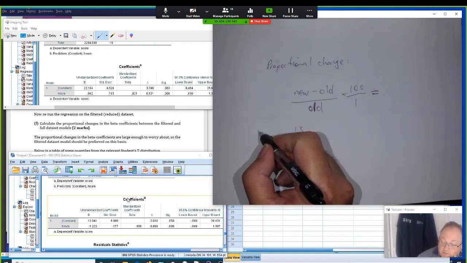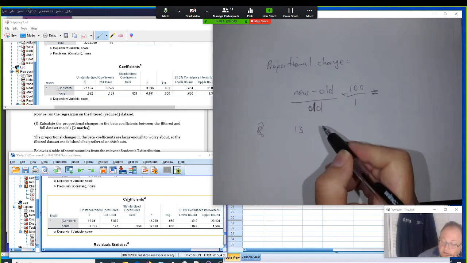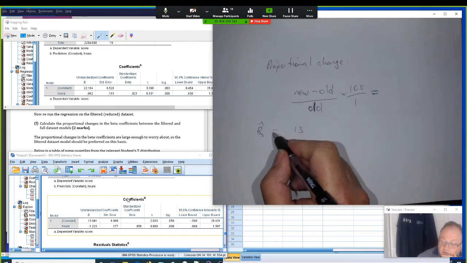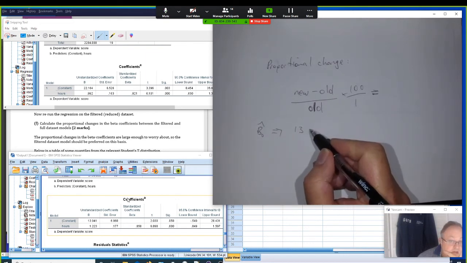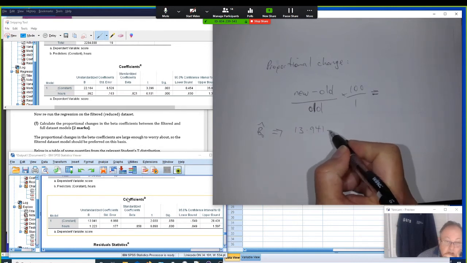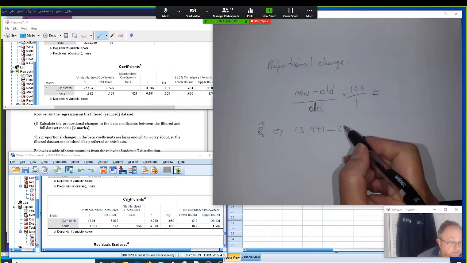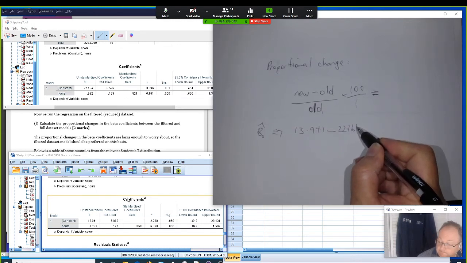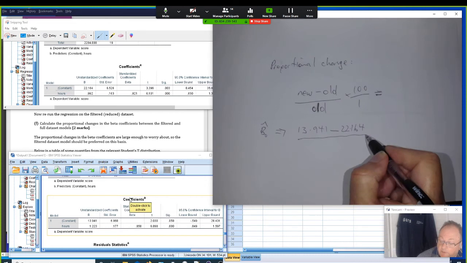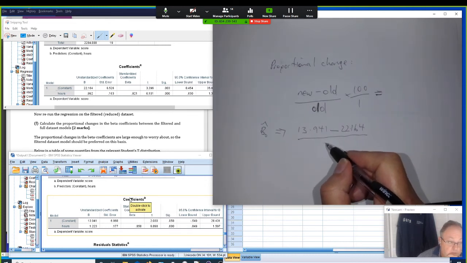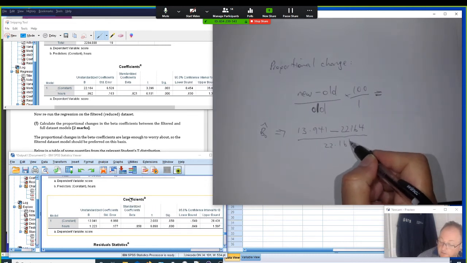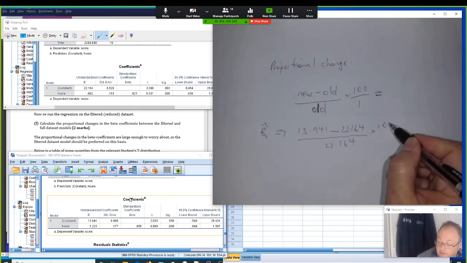We've got 13.941, and the original one that we had was 22.164, and as a proportion of the original 22.164, including all the decimal places, times 100 over 1.